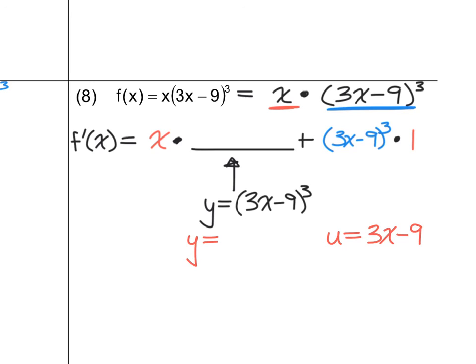If I replace the 3x minus 9 with the u, y would then be equal to what? U cubed. So dy du is equal to 3u squared, and du dx would be equal to what? 3.